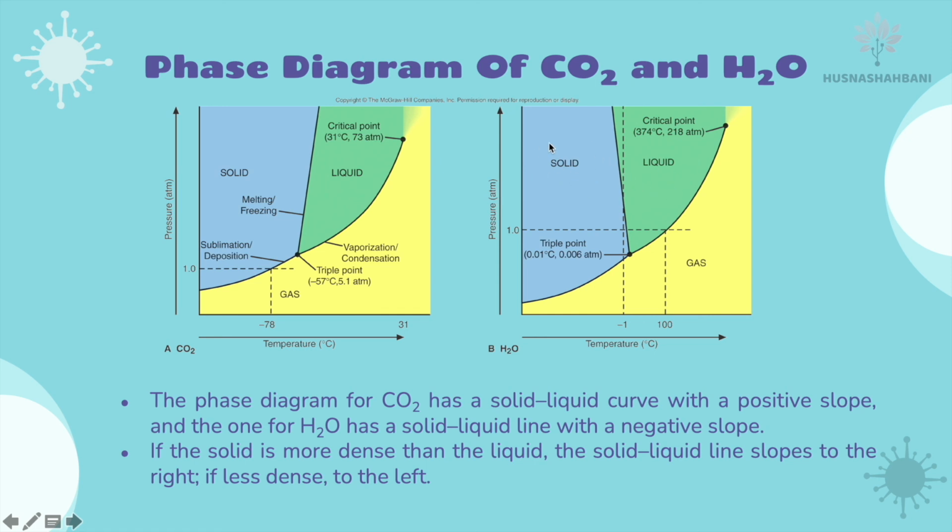If the solid form is less dense than liquid, the slope will be negative. If solid is more dense than liquid, it will be positive slope. That's how you identify whether the slope is positive or negative. It depends on solid and liquid, which one is more dense.